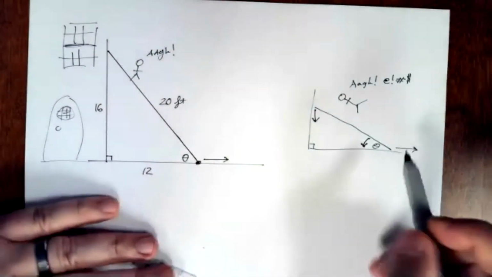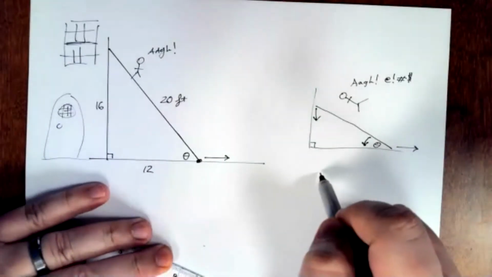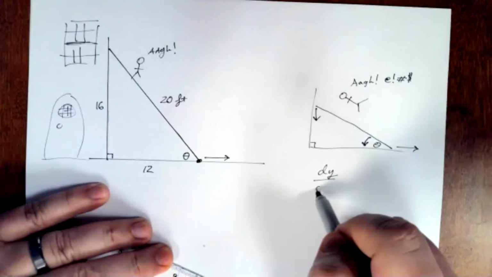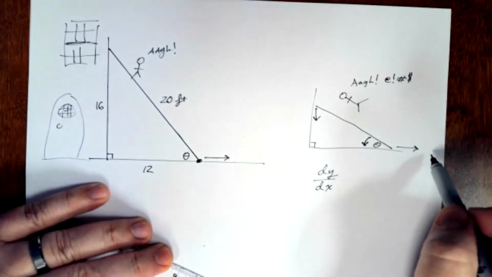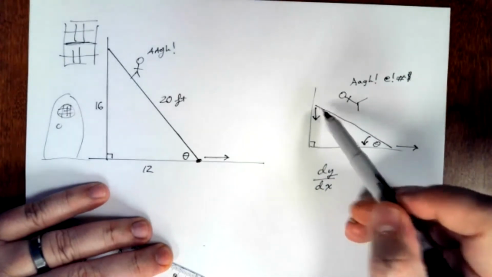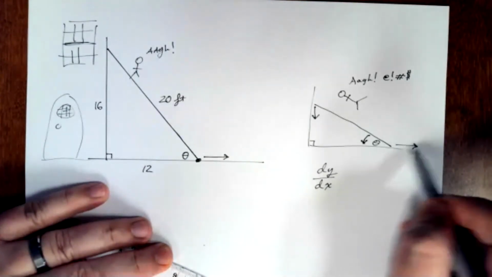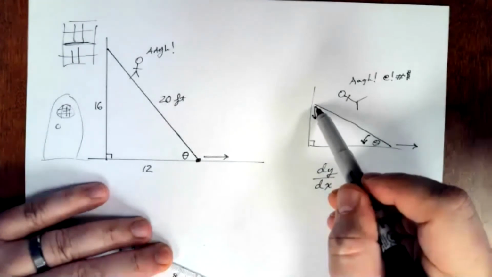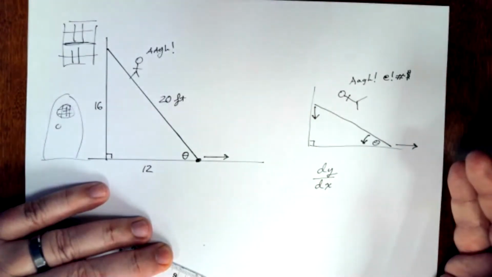Now, I can describe the change in y as x moves away. So this would be how for every step that the ladder slides, the top of the ladder falls by how much.